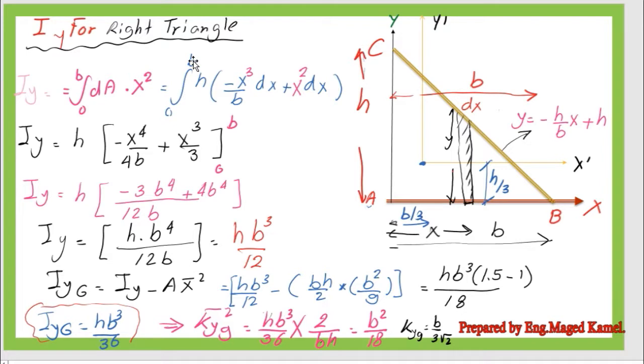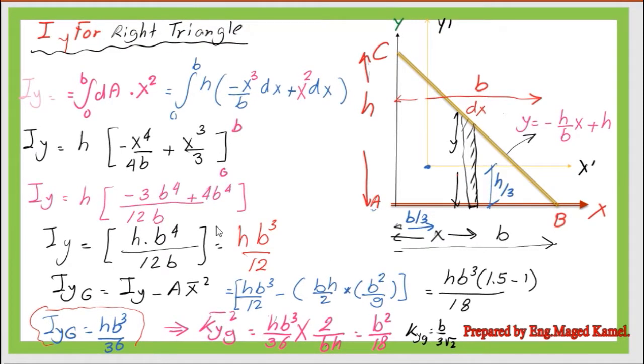Substituting from 0 to b, and taking h out, we have Iy equal to h multiplied by, open bracket, minus b to the 4 over 4b plus b cubed divided by 3.